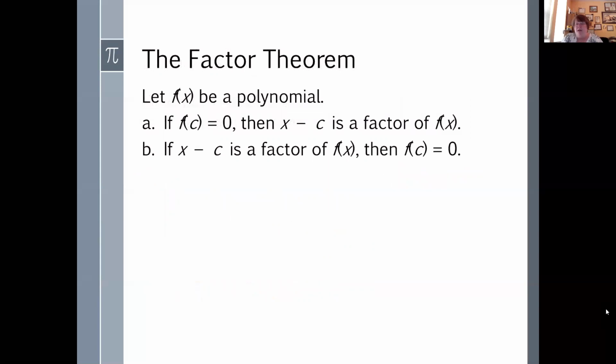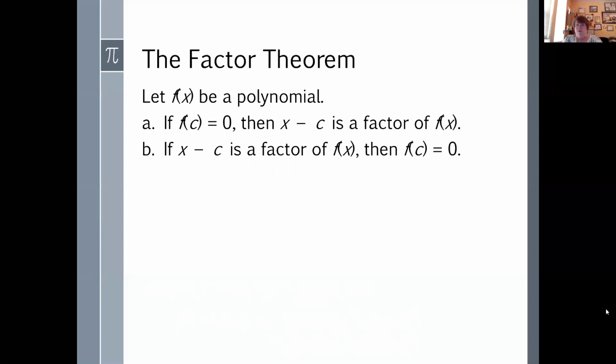Okay, the factor theorem. And this theorem is extremely important. If you have a polynomial f of x, if f at c is 0, then x minus c is a factor of f of x. If x minus c is a factor of f of x, then f at c is 0.